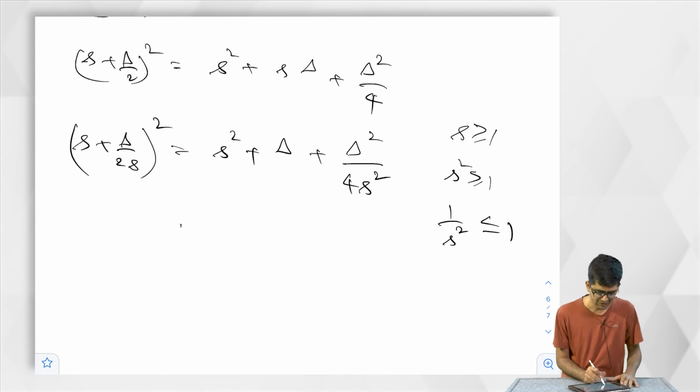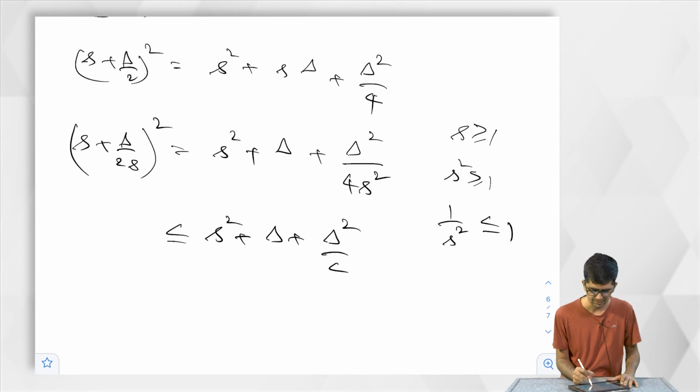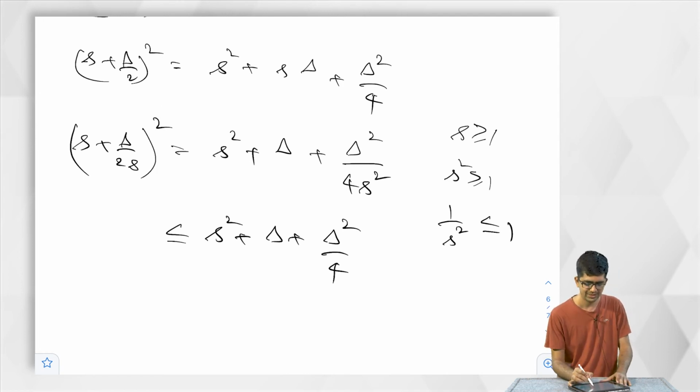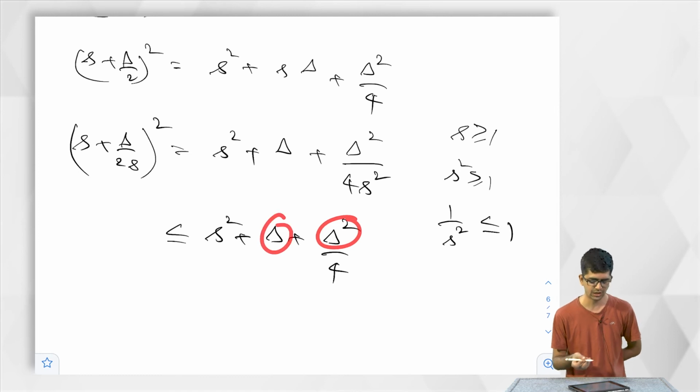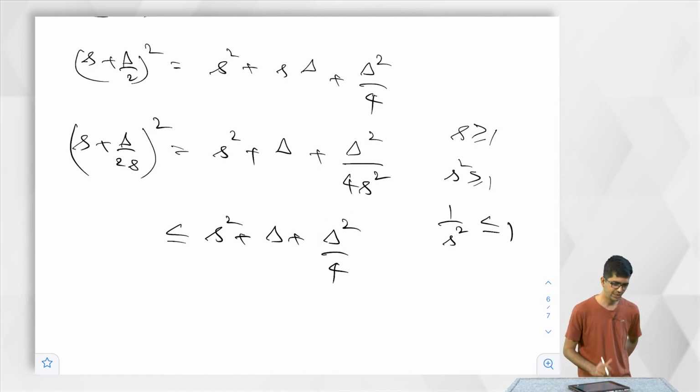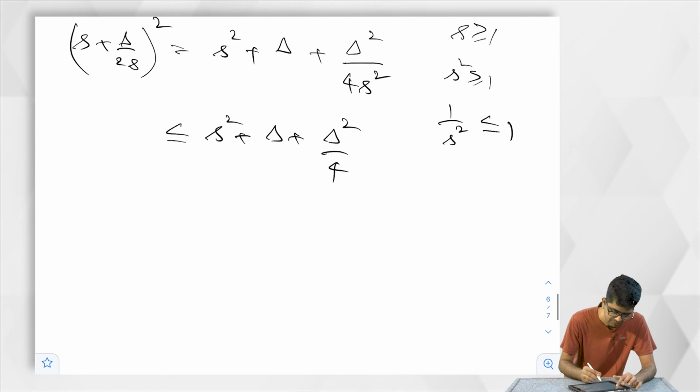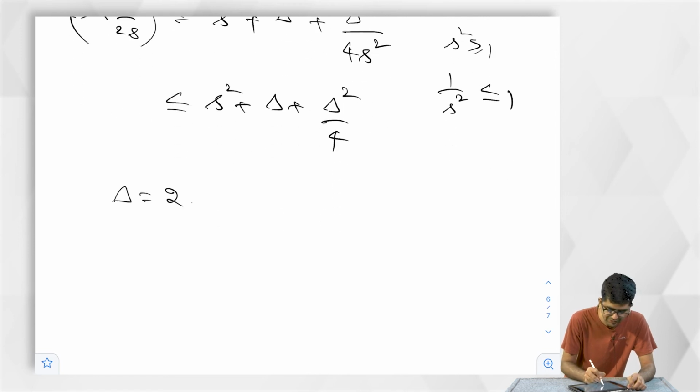So what does it mean? It means this. I can get rid of 1 by S square just by multiplying that with 1. Now there is still some delta square here and delta here; these two are not compatible. Now let us go back and observe what delta is. Delta is 2 minus S square, right?